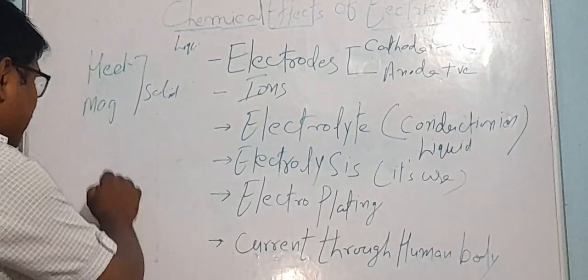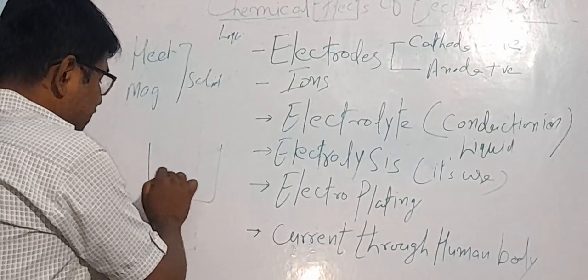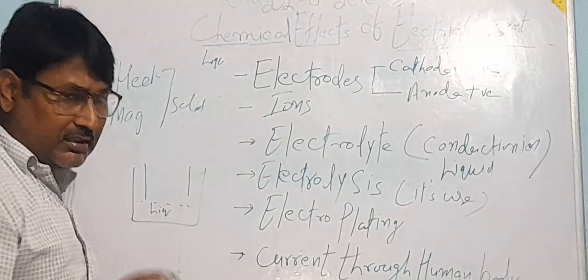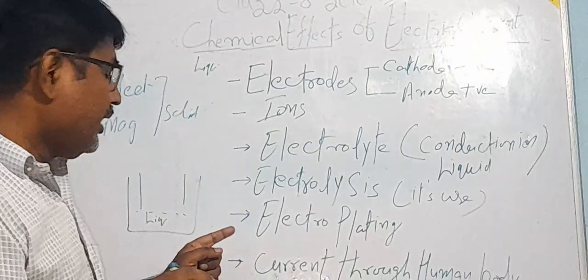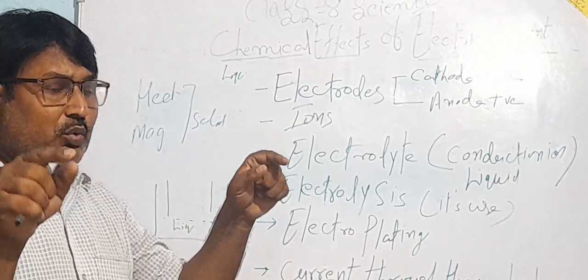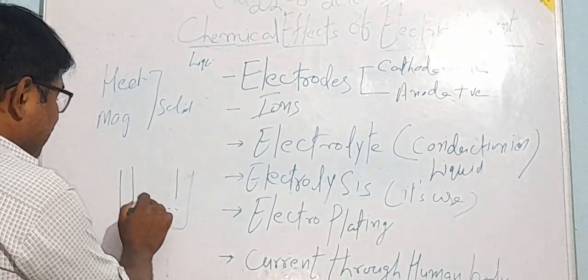So it is a liquid, right? As you have seen in the making of the circuit, we need two terminals. Here the same thing, and two terminals connected with a wire, right? So wire is a conducting material. Here wire is not here, it is liquid.